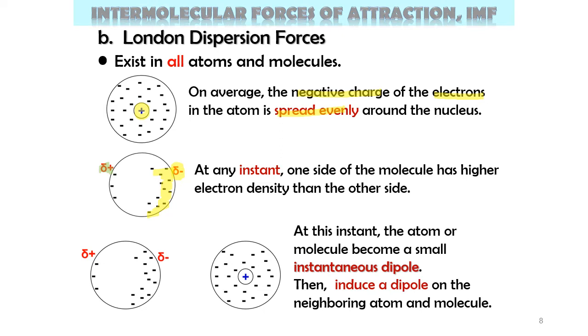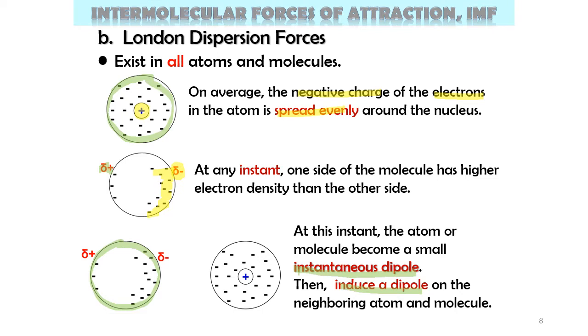At this instant, at this moment, the atom or molecule will become a small instantaneous dipole, and this will induce a dipole on the neighboring atom. So this is your atom. Okay, originally it is in this position, the first one.